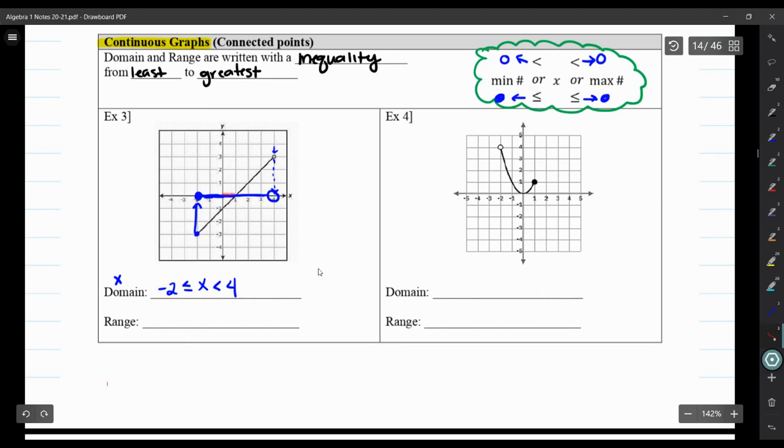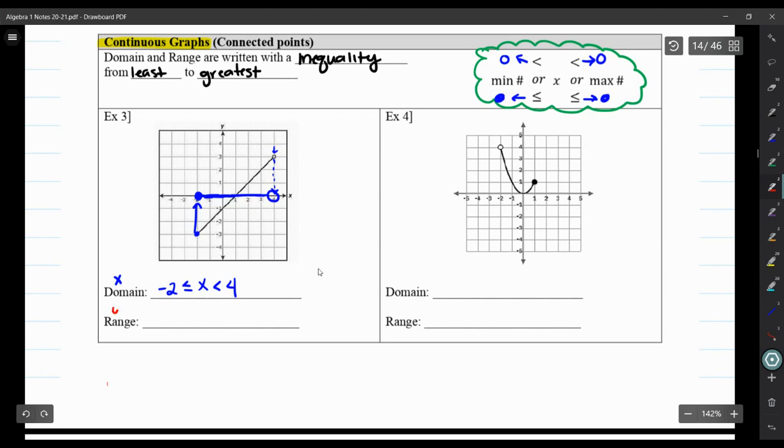You can infinitely divide 0 and 1 into as many decimals and fractions as you can. This goes on forever. So we can't sit here and actually plot all these points and list them out like we did earlier. So we use an inequality to catch all of the little decimals and fractions I may not remember to think of. So that's why we use the inequalities with continuous graphs, not with discrete.